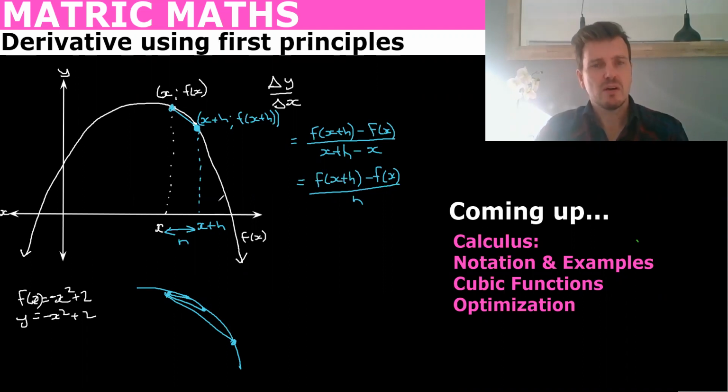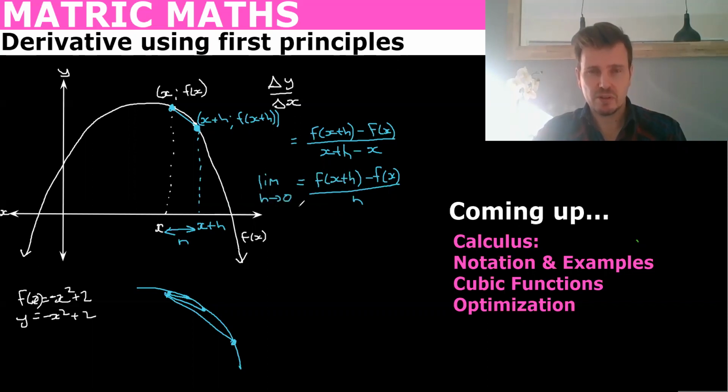And he said, well, what if I just make h 0? Well, of course, when you divide by 0, you get an undefined answer. But he said, well, let's do it anyway. And so he said that we'll just say that this is the formula, but we'll say limit as h tends to 0.